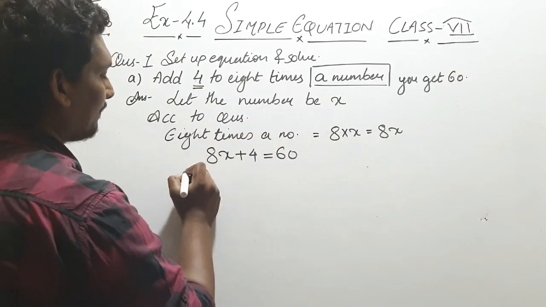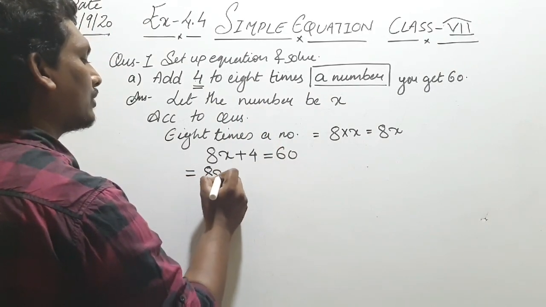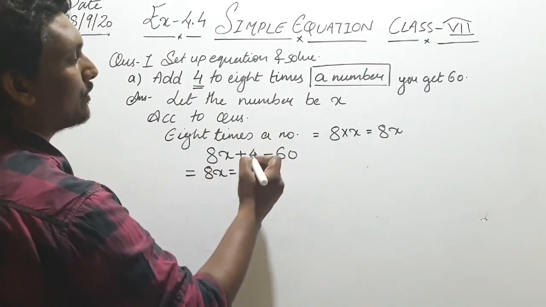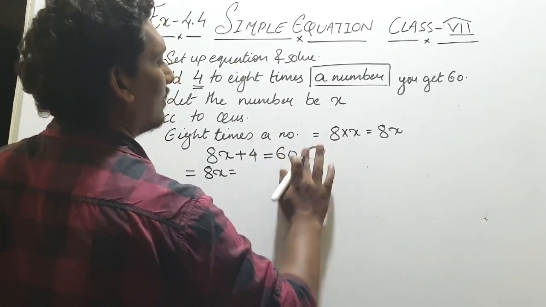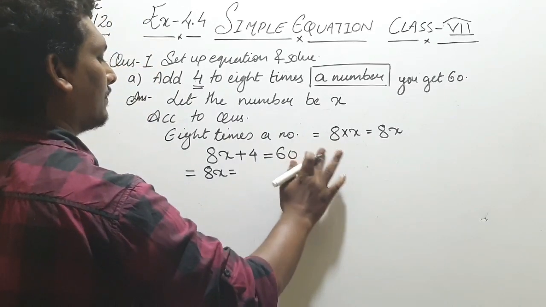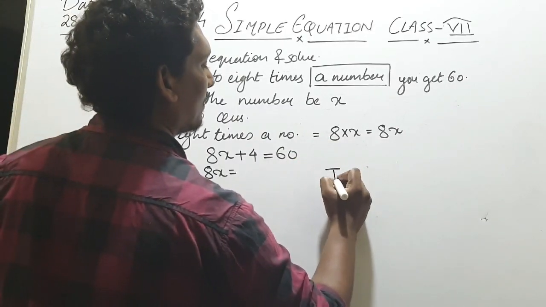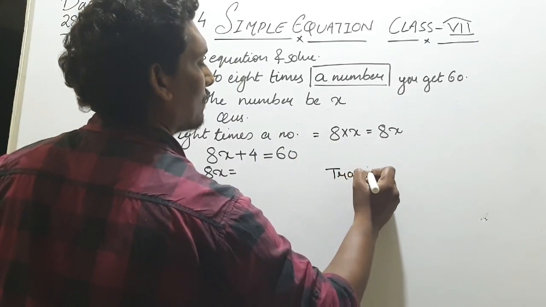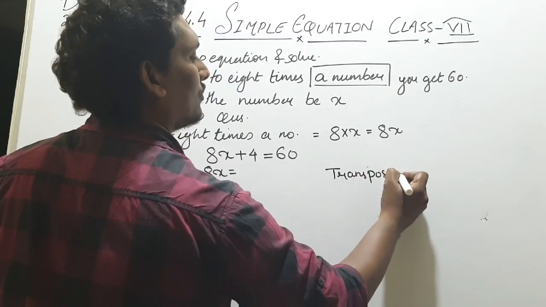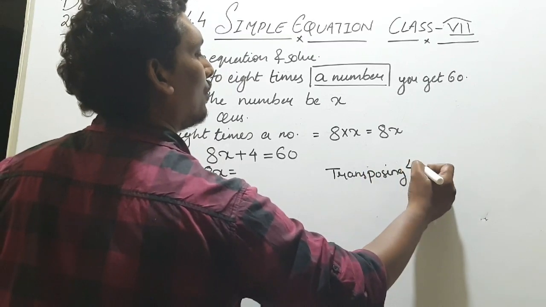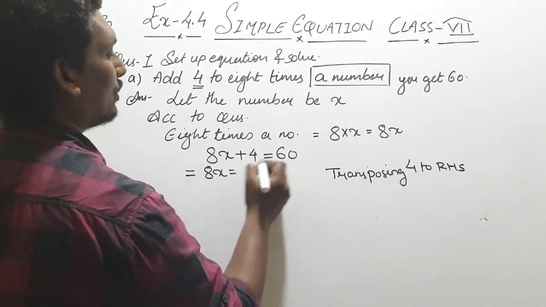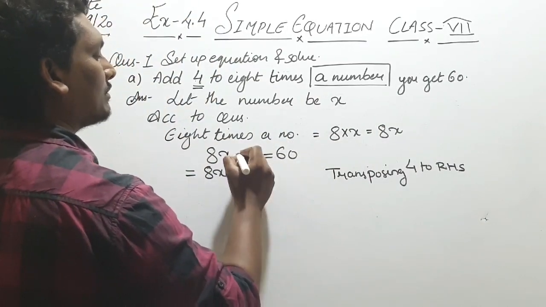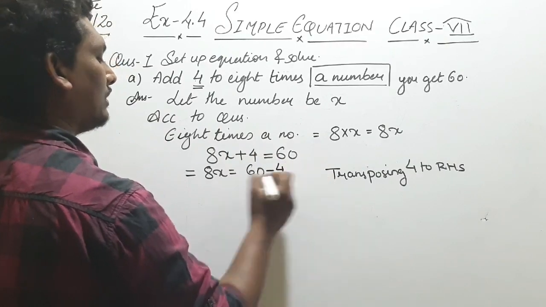Now we have to solve it. So 8x is equal to, what you have to do? We have to transpose 4 to RHS. So 8x is equal to, first we have to write this 60. This plus will become minus, 60 minus 4.